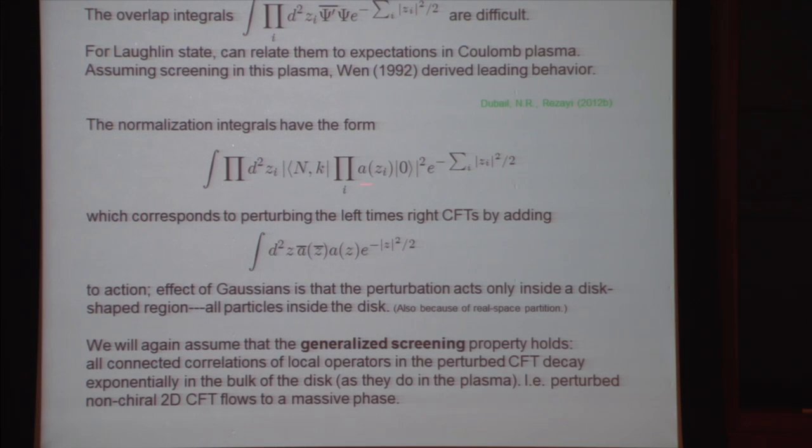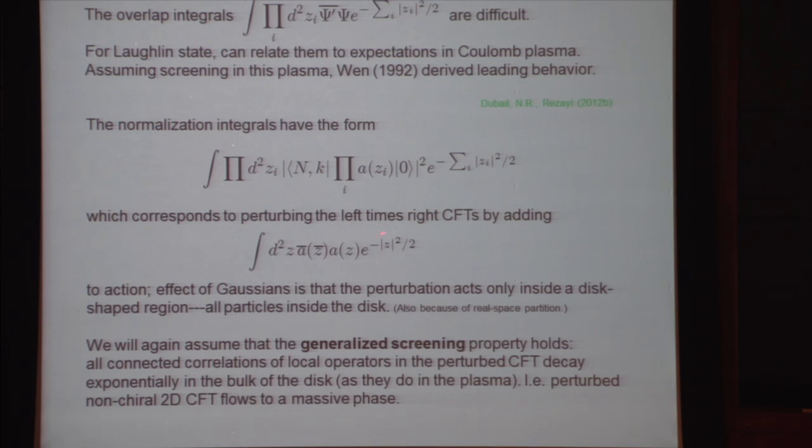And so I need to calculate these norm squares by integrating over the Z_i's. And on the left, I have some general state in the CFT with the same N as the number of operator insertions there. And so this is, as I was discussing yesterday, like looking at a perturbed conformal field theory, perturbed by some operator, written slightly differently here.